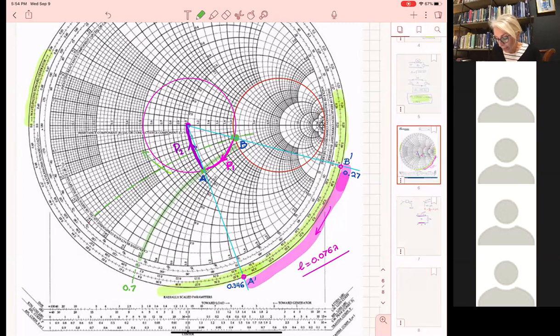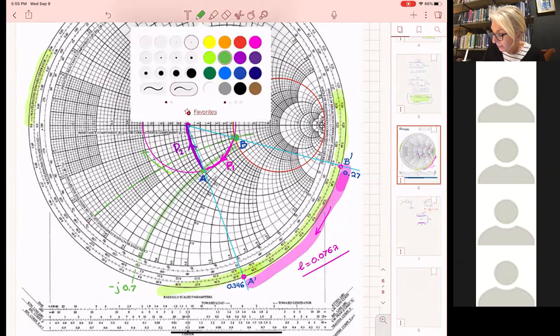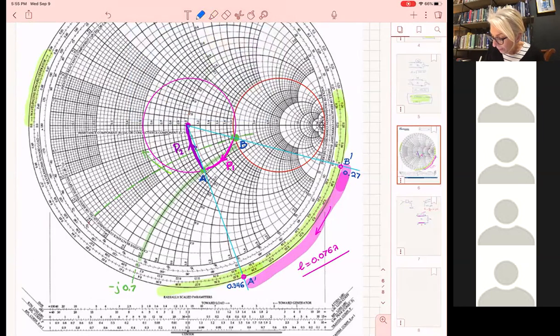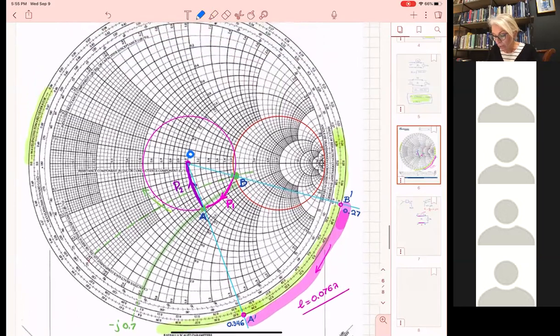And in fact, because it's in the lower part of the Smith chart, this is minus j0.7. When I move from A to the center of the Smith chart, that's where I meet the filter. All right, that's where I find 50 ohms. So if I am at point A, I have to add a j0.7 to go to O. All right, I have to add it because A has a negative j0.7.